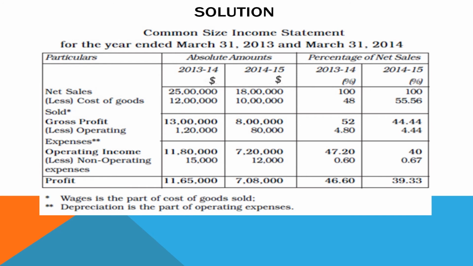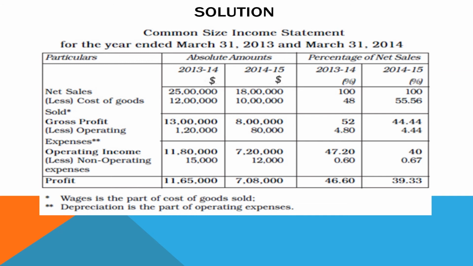And at last we are supposed to subtract non-operating expenses, which is 15,000 and 12,000 respectively for 2013-14 and 14-15. The percentage will be 15,000 divided by 25 lakh multiplied by 100, which is equal to 0.60%.